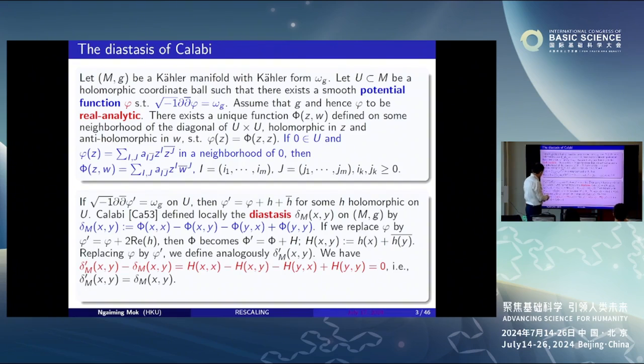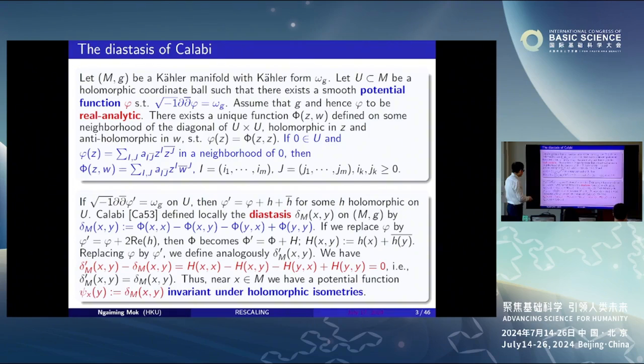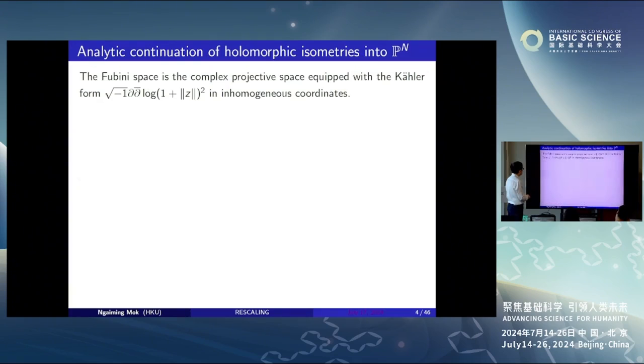And now you compare the two functions, delta and delta prime, arising from these two potentials. The difference would be very simple to write down. It's simply equal to 0. And therefore, you may say that actually you have a normalized potential, and when you have an isometry, the diastasis would stay the same.